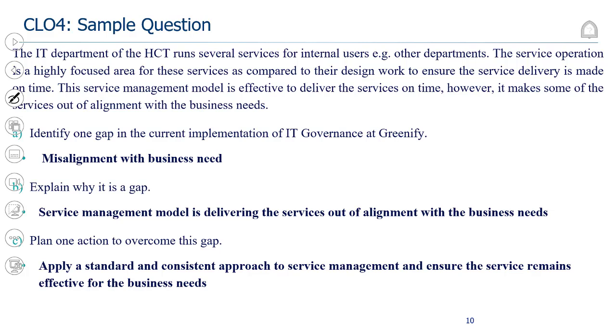So I'm not going to spend much time on this. It's very intuitive, but this is why I was saying, even though we are not assessing CLO1, you can see where CLO1 comes in. It is implicitly tested in this particular CLO.